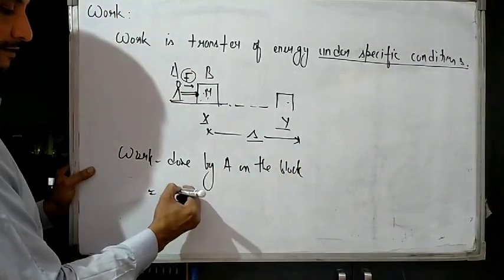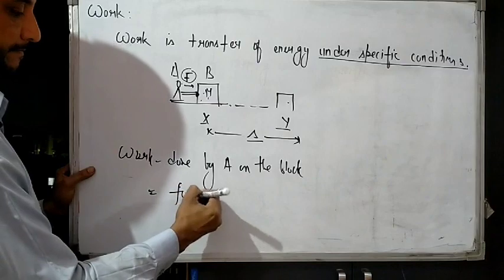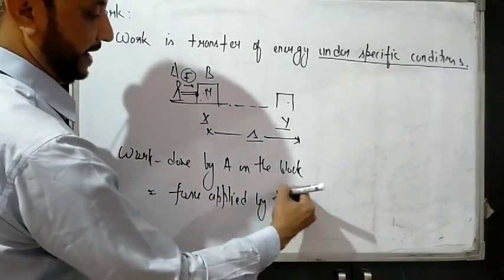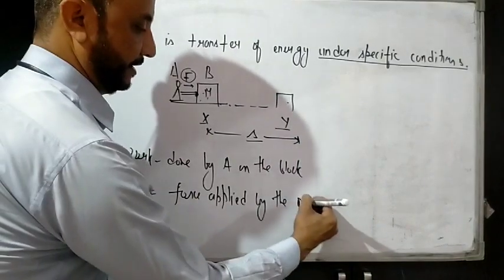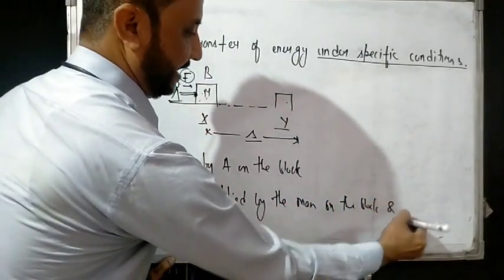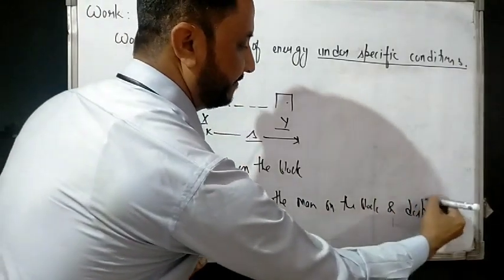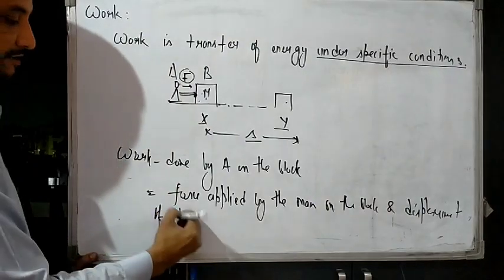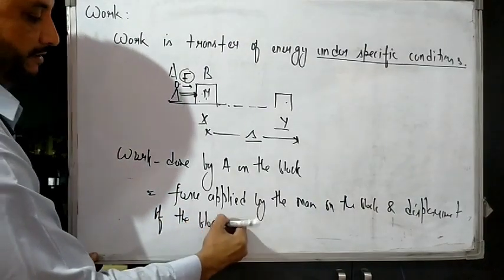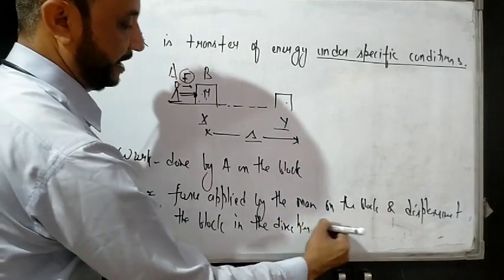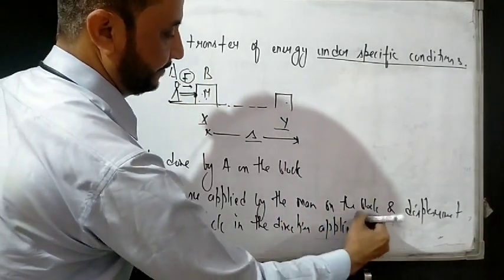is equal to the force applied by the man A on the block and the displacement of the block in the direction of the applied force.